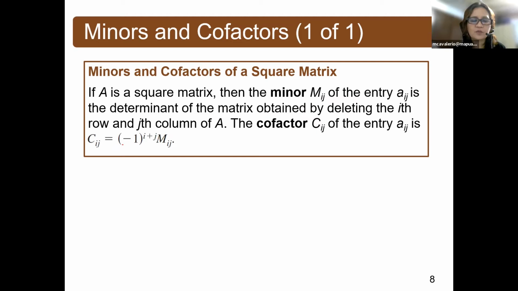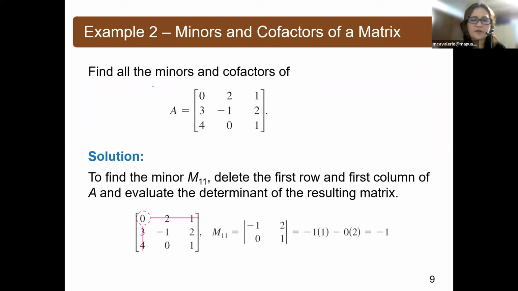So we will have C sub ij equivalent to negative 1 raised to i plus j times the minor M sub ij.